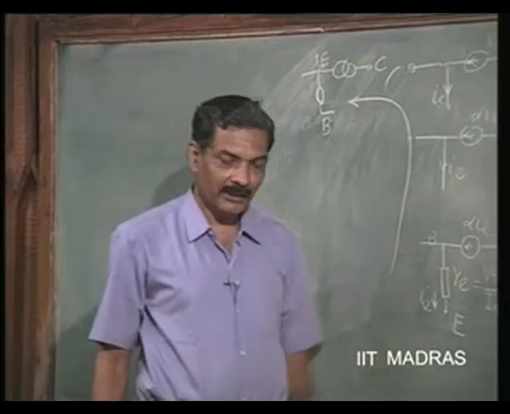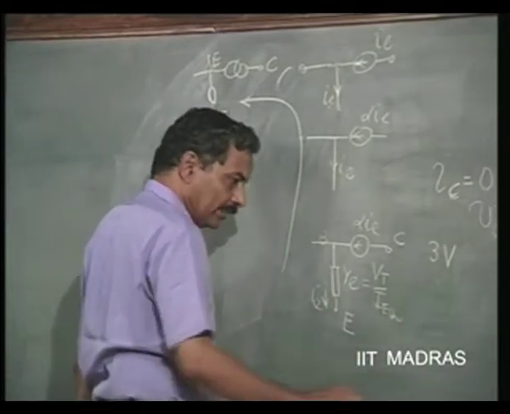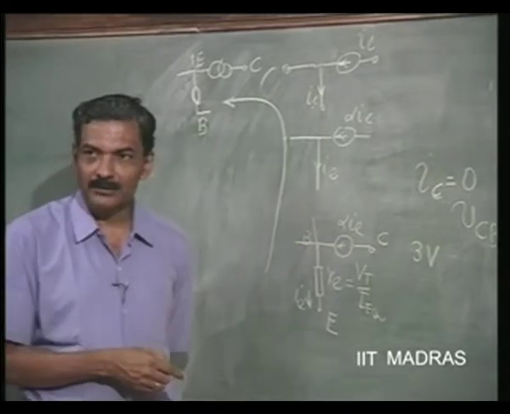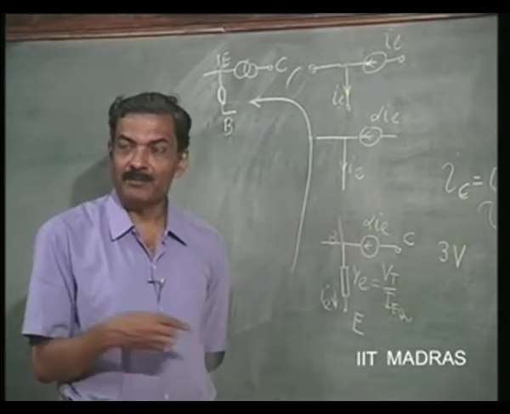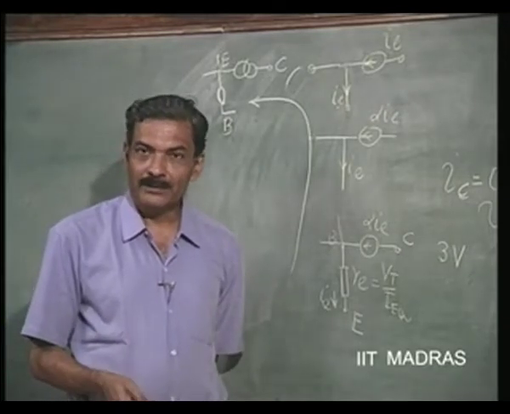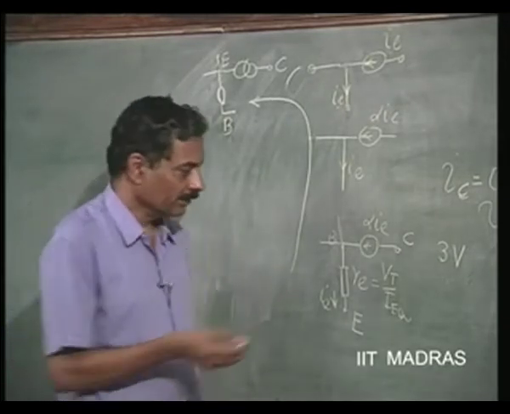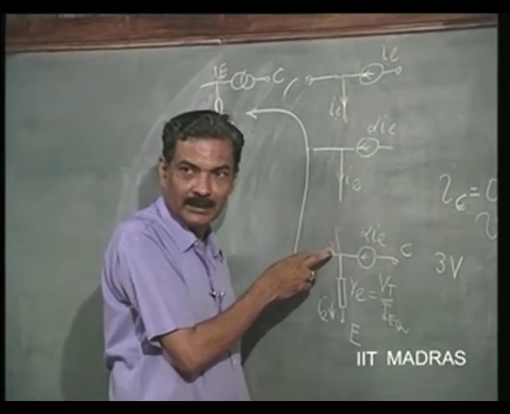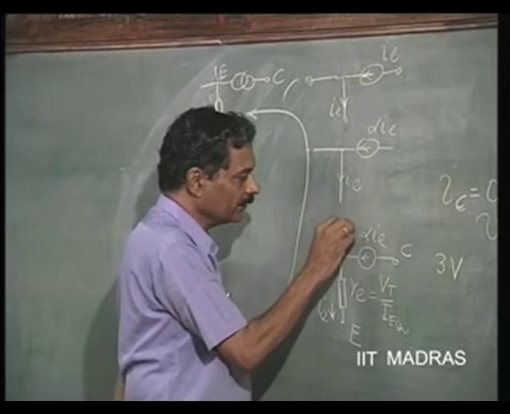Now, I just want to modify this slightly and bring about a non-ideality. This is not a current source which is ideal. There might be a large resistance of the order of tens of mega ohms across it, because it is a reverse bias junction. The collector base junction is a reverse bias junction. So, it is not a current source.